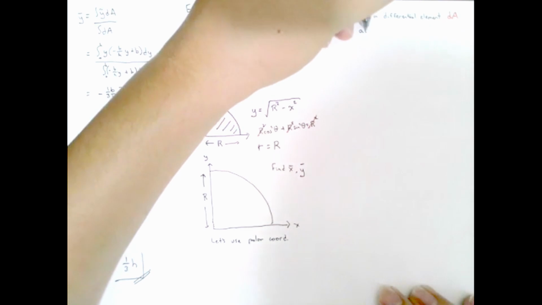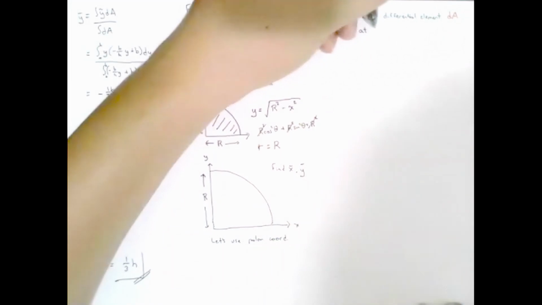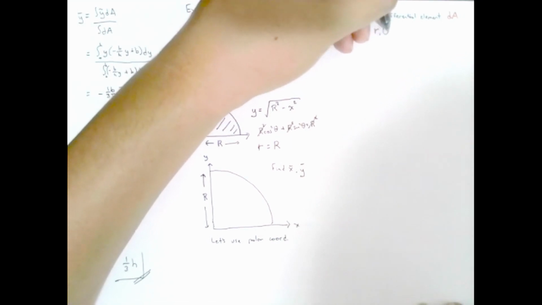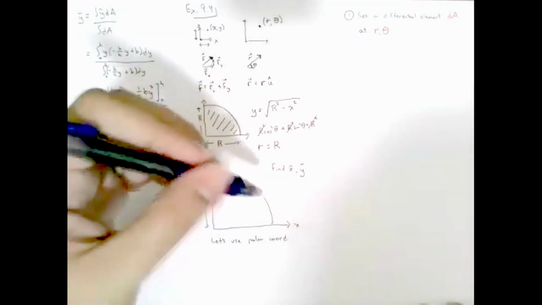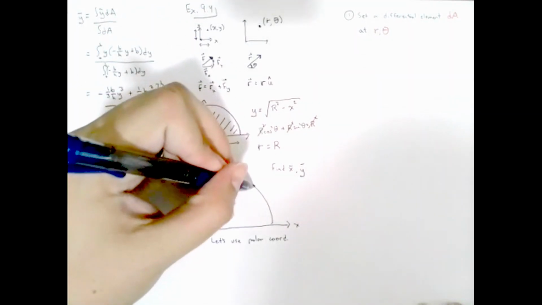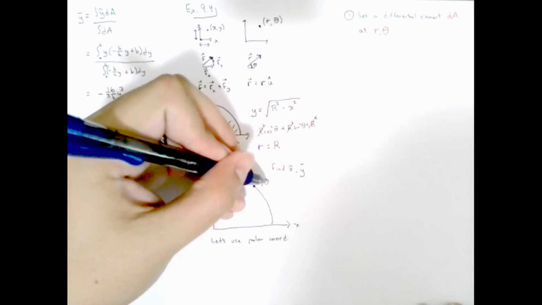Now, normally, we locate our differential element at an arbitrary point xy. However, because we're using polar coordinates, we're gonna locate our differential element at an arbitrary point r theta. So I'm gonna set my differential element. My differential element will be located at some random point in this curve, r theta.